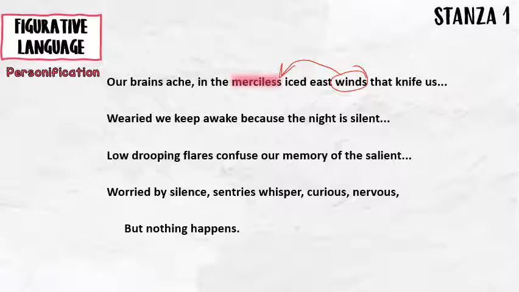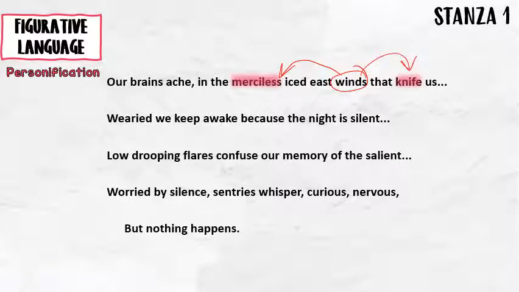The wind can't feel, it doesn't have any ulterior motives, but by giving us that impression of the wind being merciless, we now get a sense that the weather is deadly and it's dangerous and it's seeking to harm the soldiers. And that is reinforced with that word that I mentioned before, knife.